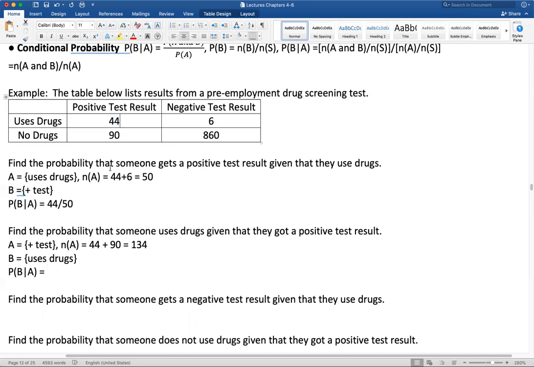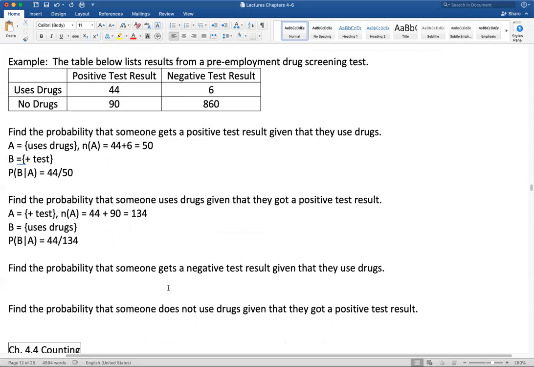We already figured that out in a previous problem. So 44, divided by how many outcomes in event A, positive test result, 134, right? 134.